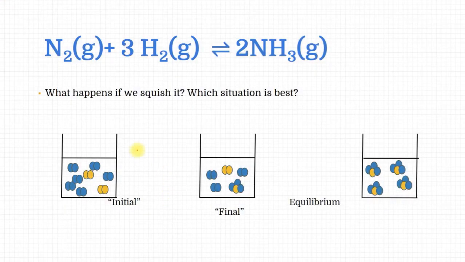Now, if I squish it, does it look more comfortable to be in the initial position or in the final position? Well, if this was my siblings and we moved into a smaller house, I kind of feel like that's pretty uncomfortable. Everybody's all in everyone's space.